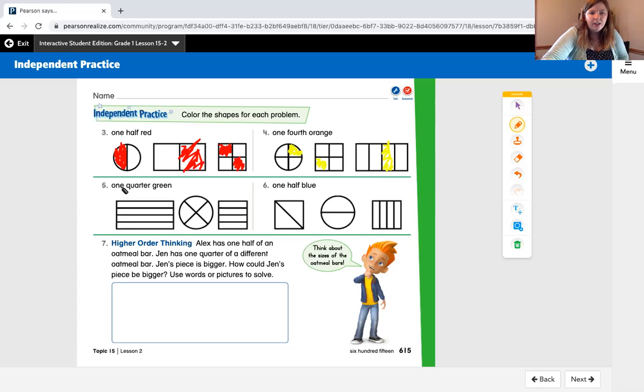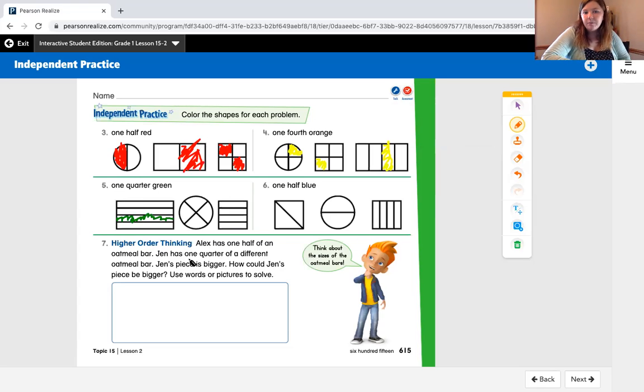Good. Number 5 says 1/4 green. All right, so let's count our sections. 1, 2, 3, 4. How many sections do I need to color to make 1/4 green? Just 1. I'm going to pick this one in the middle. 1/4 of this shape is green. Again, we have 4 sections.